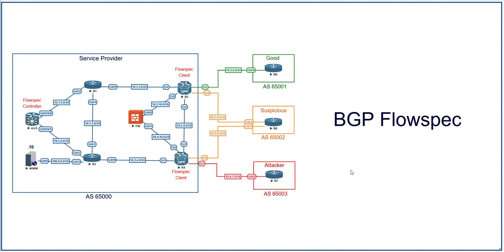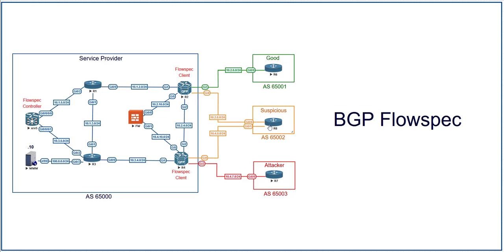The goal of this scenario is that the good customer, meaning router 6, can reach the web server without more checks or security checks. But suspicious traffic from router 8 should first go to a security device like a firewall, or any other type of device, for example IDS, IPS, or other types of security devices.